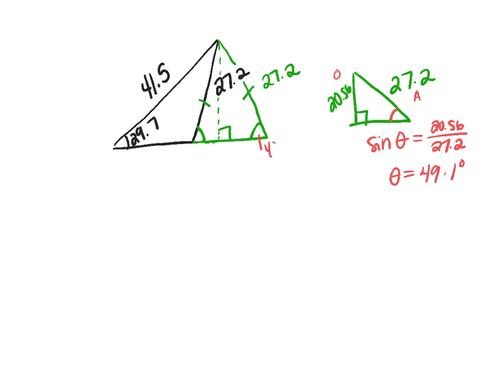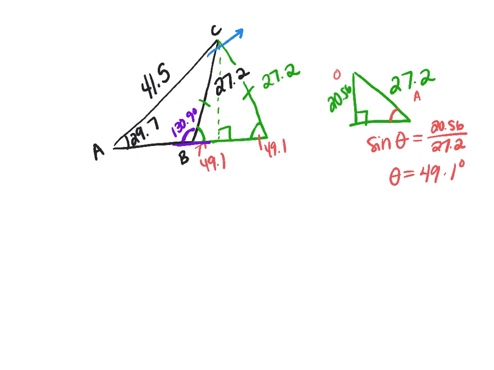So this is 49.1 because it was isosceles, meaning this angle in here, since this is a straight angle, it totals 180. 180 minus 49.1 means this angle inside here is 130.9 degrees. So if I label this again, remember this was A, this is C, this is B. So angle B is 130.9, meaning we can solve for angle C by subtracting 180 minus 130.9 minus 29.7.